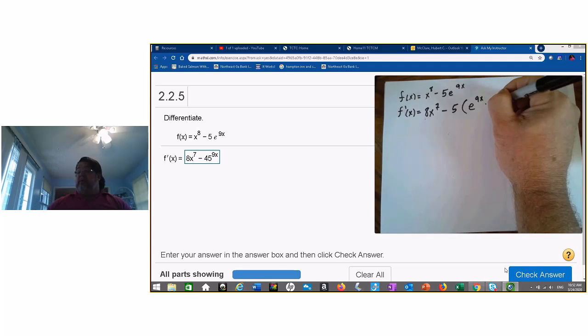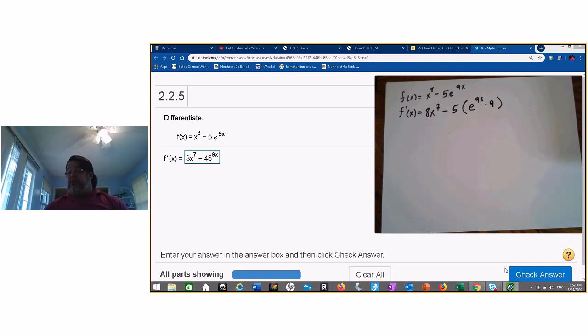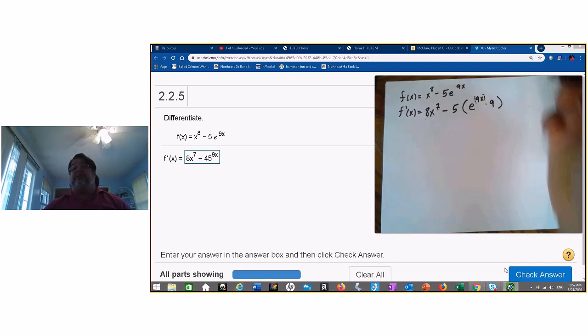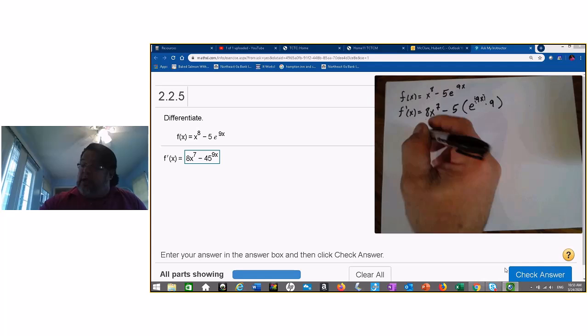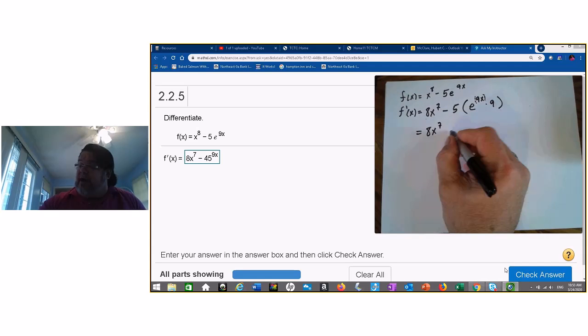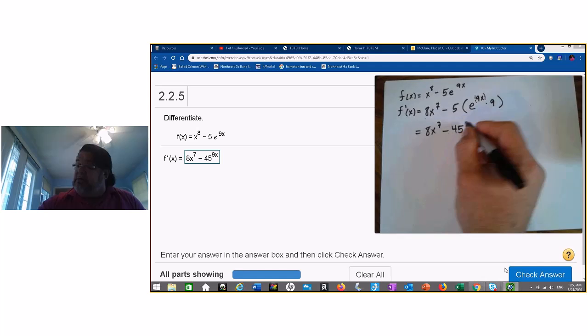Times 9. Remember, it's chain rule. You have to take the derivative of what's inside, and that 9x, there's no parentheses there, but you have to treat it like it has parentheses. So now that's going to equal 8x to the 7th minus 45e to the 9x.